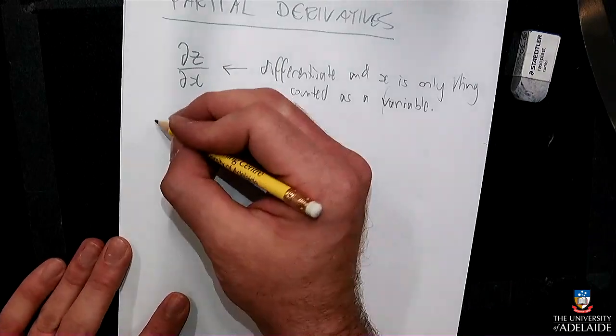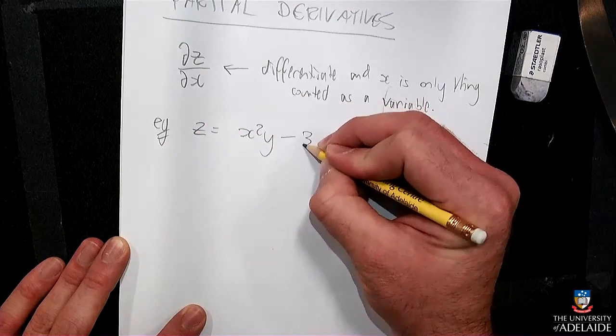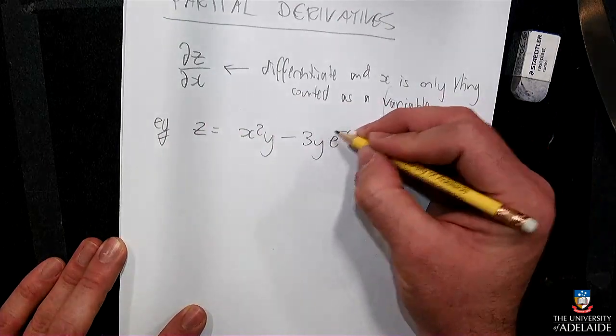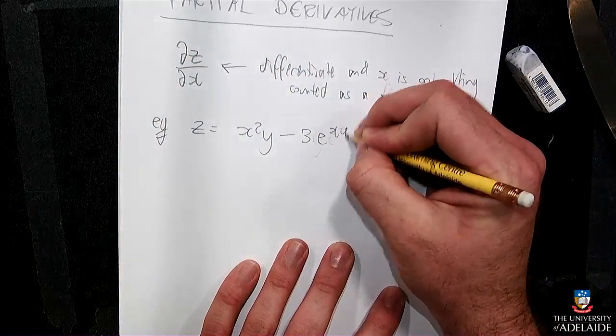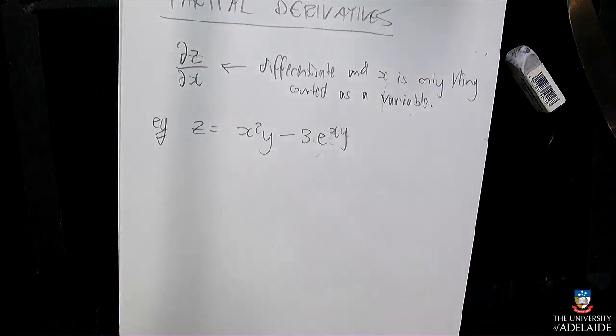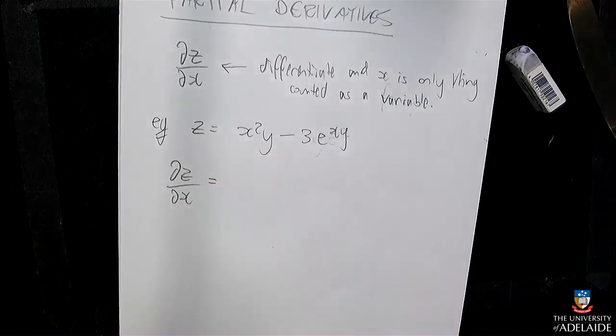As an example, if I wanted to do dz on dx, then I would want to figure out the derivative of that, but treating everything except x as a constant.